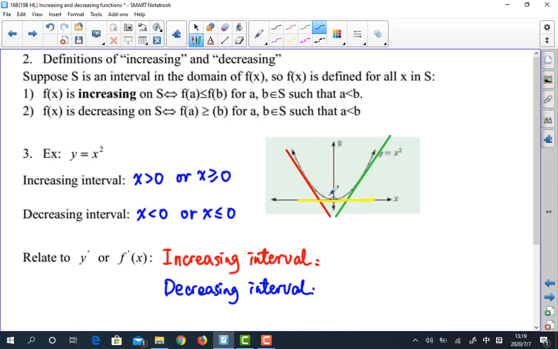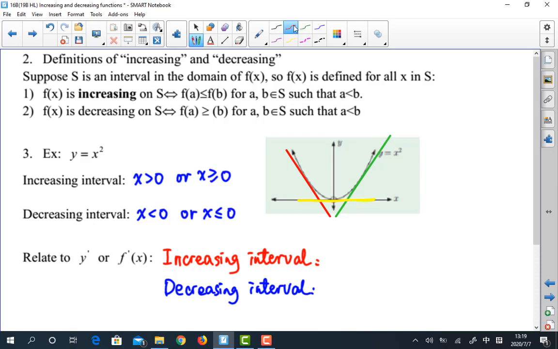But right now we need to relate the increasing interval and the decreasing interval to the first derivative. Let's look at the increasing interval, which is this one. If I draw the tangent to the curve at any point on this increasing interval, this tangent should have a positive slope.